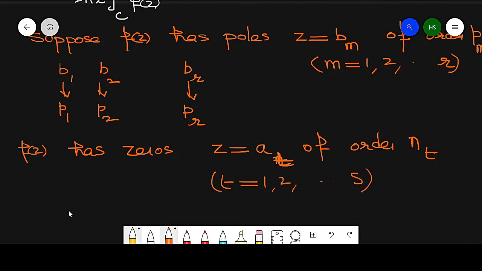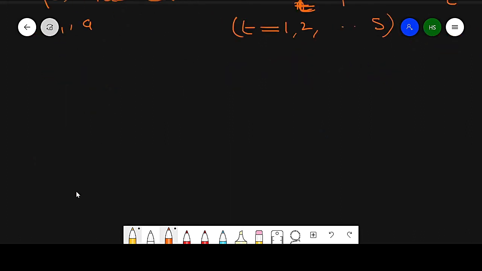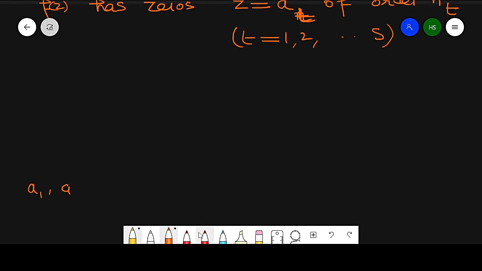So it has zeros a1, a2 up to as, and their orders are n1, n2, n3 up to ns. Now enclose each pole and zero by a non-overlapping circle within C.